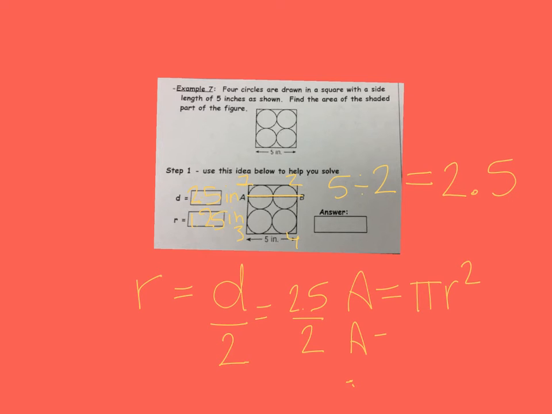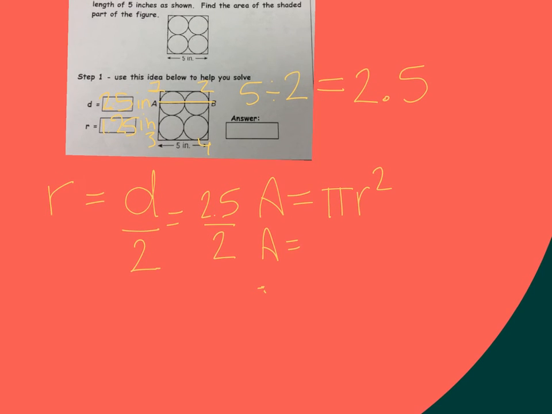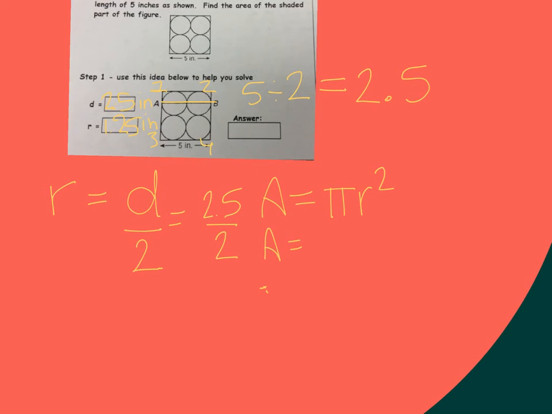So A is equal to pi times the radius, which is 1.25, to the second power. Okay, let's do some calculations. 1.25 to the second power is equal to 1.5625.